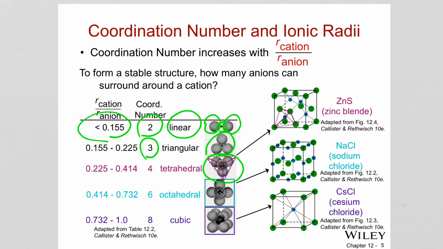When the ratio of atomic radii, cation to anion, is in between 0.414 to 0.732, there are 6 anions, one each. It's a form of an octahedron, and the cation is at the center of the octahedron and surrounded by 6 anions, all of which are at the corners.